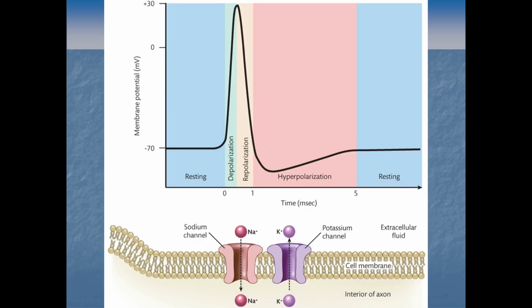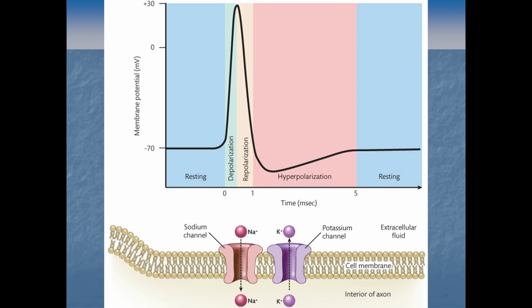So here's a picture to make that a little more clear. On the y-axis to the left, we've got the electrical potential, the charge from positive to negative. You can see the neuron when it's sitting there in its resting state is around negative 70. But then if it gets some input from its neighbor neurons, if enough of its receptors get filled with the right neurotransmitters, then it depolarizes. It gets less negative, going back towards zero or even towards the positive.